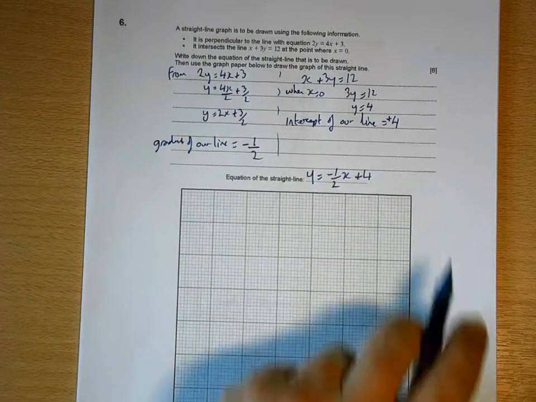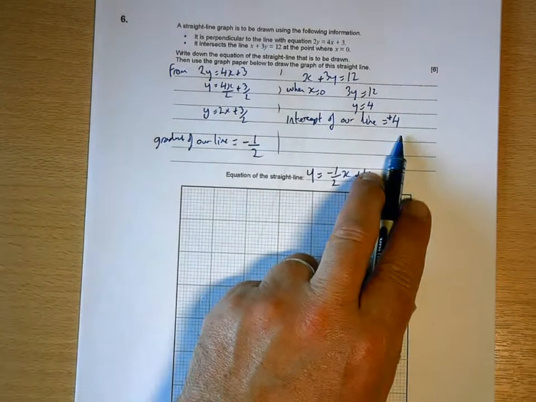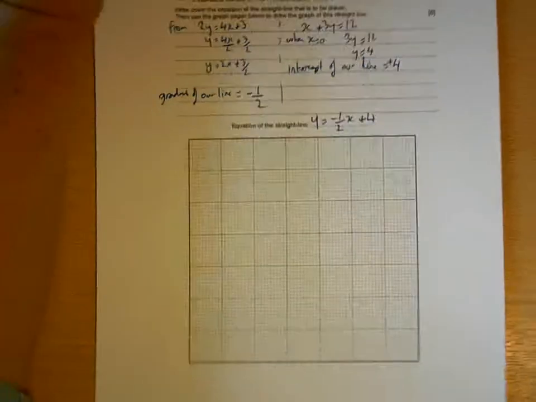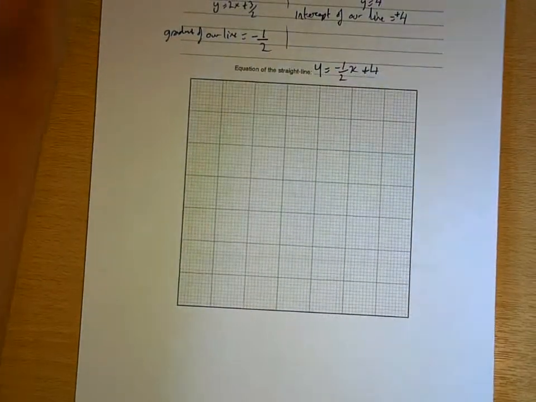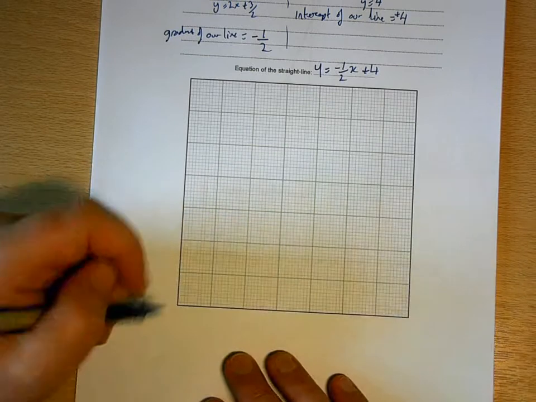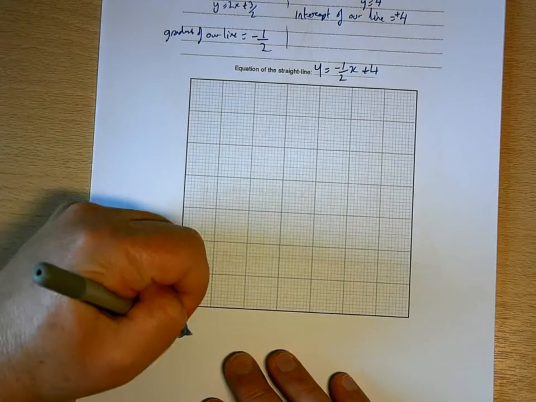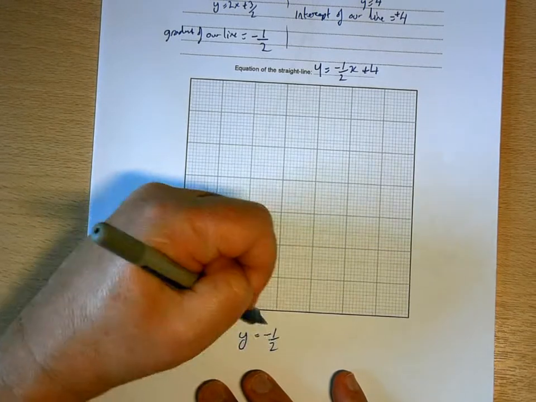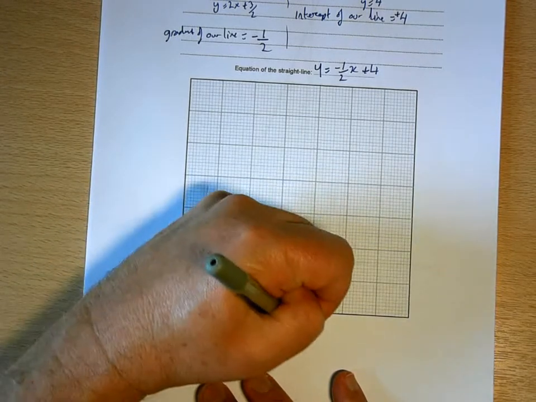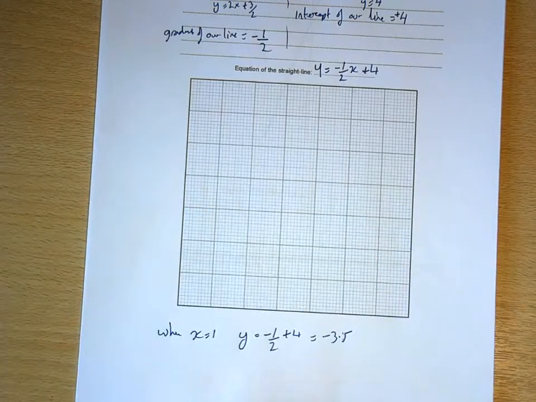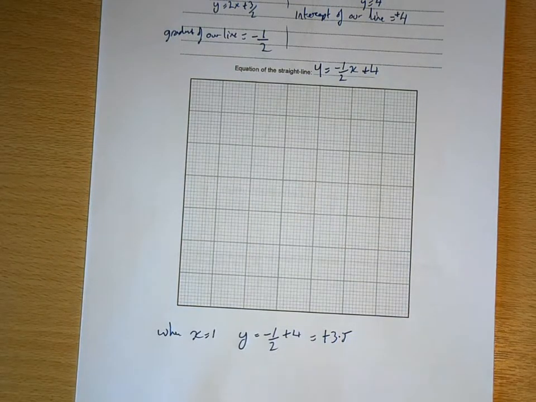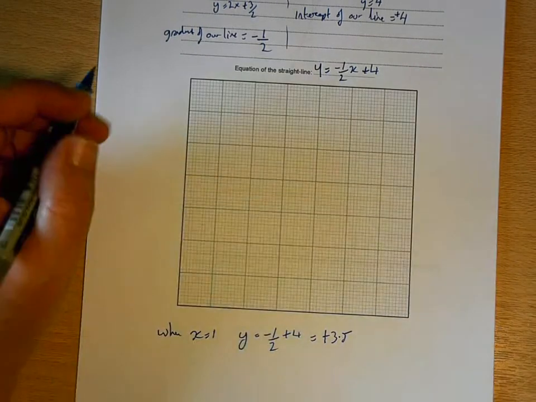So then they want us to draw that. We know it's going to cross the y-axis at 4, so I just need another pair of coordinates. So if I choose x is 1, we're going to have y equals minus a half plus 4, which is minus 3.5. No, it isn't. It's plus 3.5. Minus a half plus 4 is 3.5.